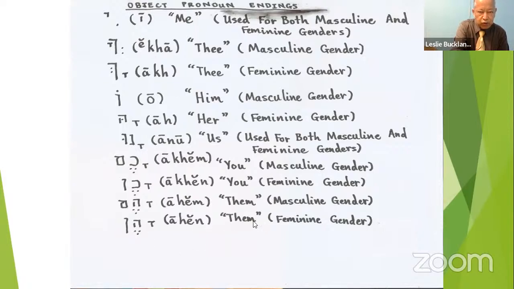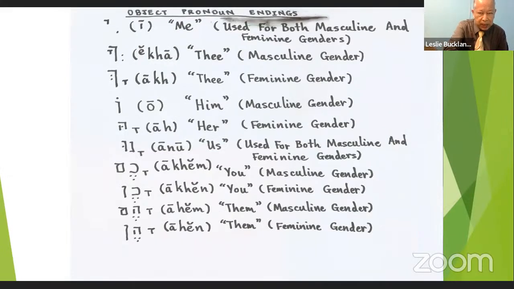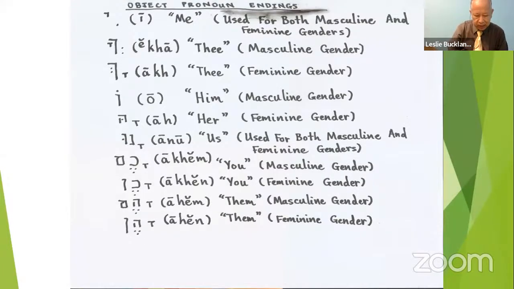Ahen is translated as them instead of their, feminine gender. Okay, so there are similarities in the form, in the spelling of the Hebrew object pronoun endings and the possessive pronoun endings, but they are different in certain places in the spelling, and they are all different in the translation.